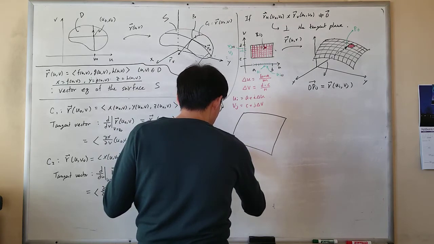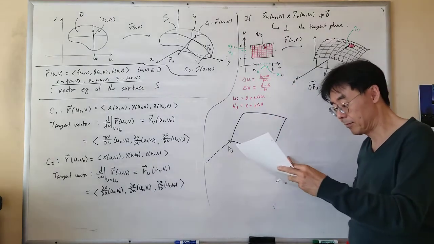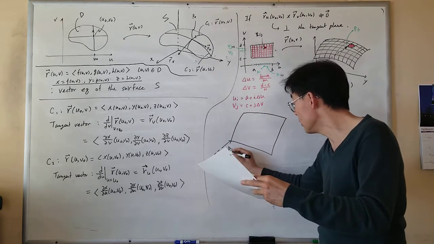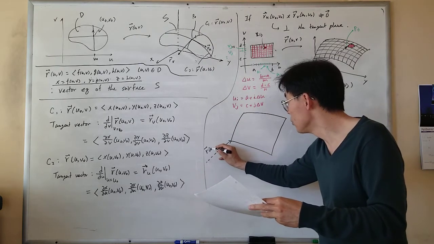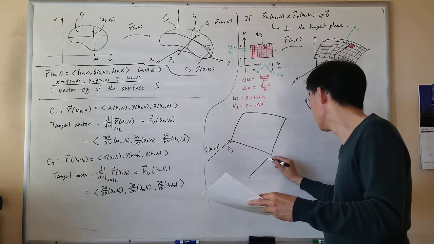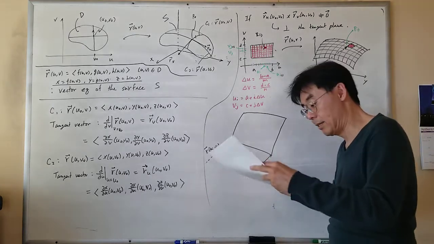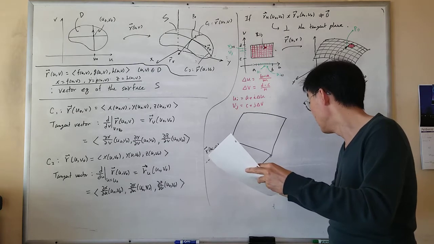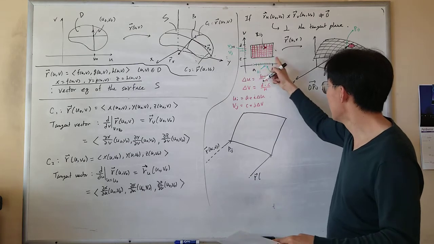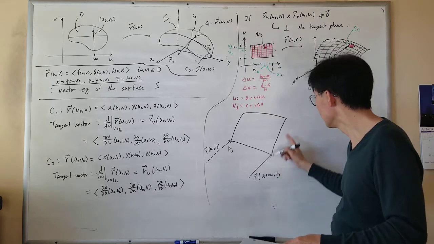This is Pij, corresponding to i and j. That vector is r(ui, vj), and then the origin is way down there, right? The next one, i plus 1, j, which means r(ui plus delta u, vj).